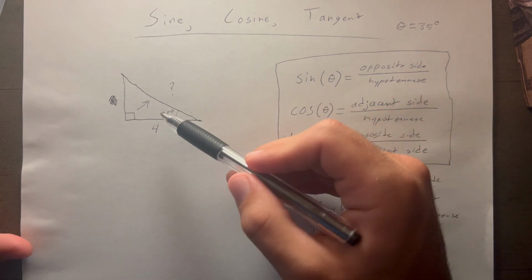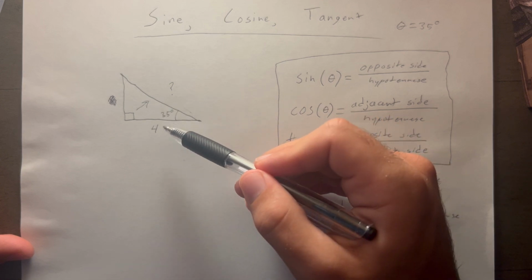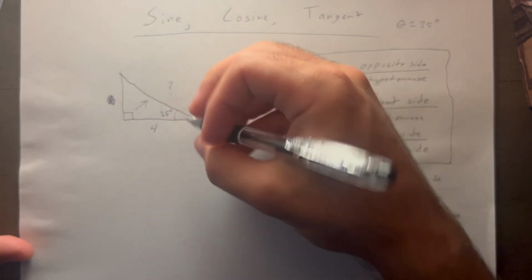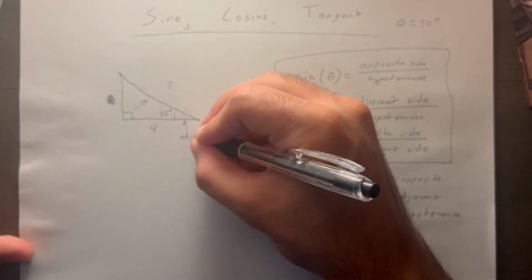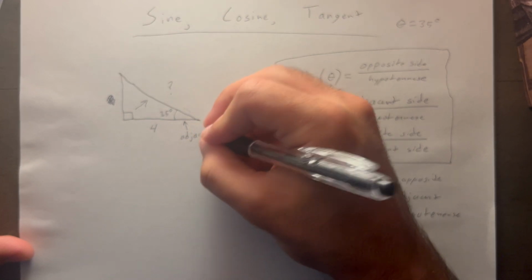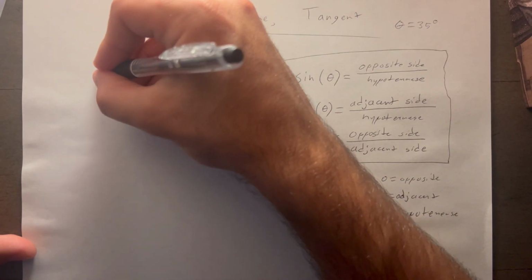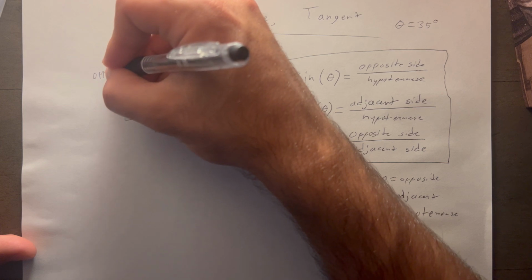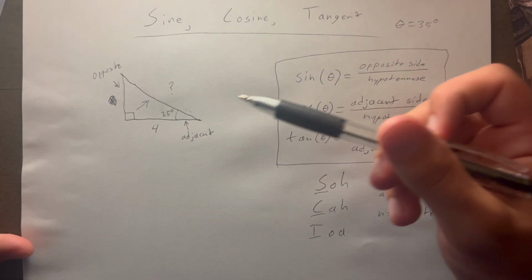The one that the angle is touching that is not the hypotenuse is the adjacent. So this side right here is the adjacent, and this one right here is the opposite. Simple enough. The opposite is always just the one that the angle is furthest from.